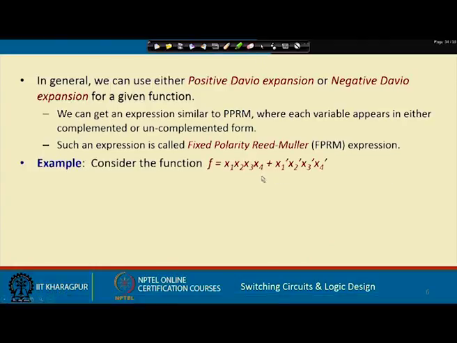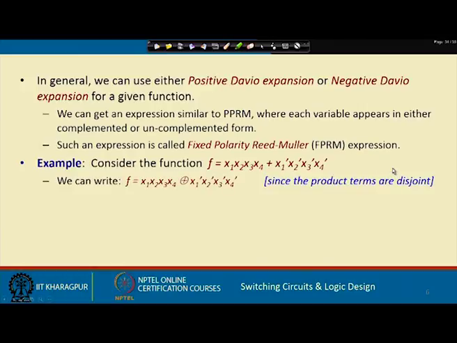Take a function like this, where there is a term x1 x2 x3 x4 and there is a term x1 bar, x2 bar, x3 bar, x4 bar. Let us try to arrive at a mixed kind of Reed-Muller expansion for this. The first observation is based on one of the rules. You see this x1 x2 x3 x4 term, and the other one x1 bar x2 bar x3 bar x4 bar.